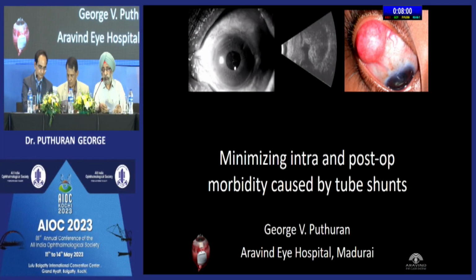While Dr. George starts his talk, because the previous talk was very important regarding medical management, the first step to minimize the morbidity caused by treatment is to give minimum drugs. To be able to give minimum drugs, the first step is to start the drugs one by one, not to start multiple drugs at a time.